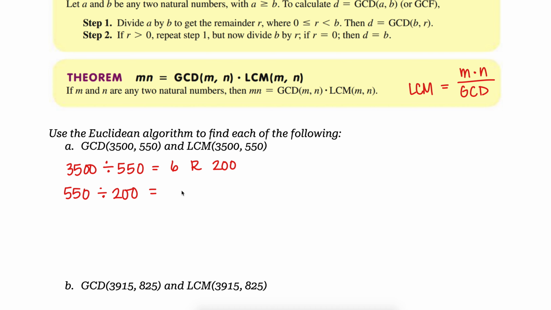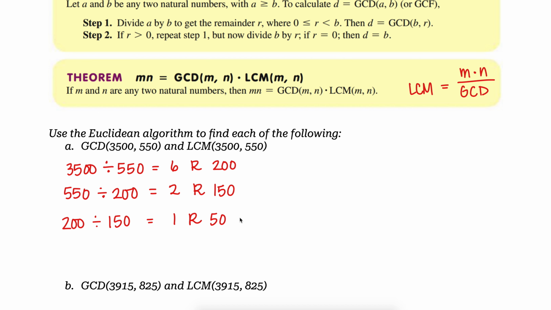When you do this, you get 2 with a remainder of 150. So we still are not at a remainder of 0, so we need to continue. Once again, I'm going to take the divisor, divide it by the remainder. Here I get 1 with a remainder of 50.